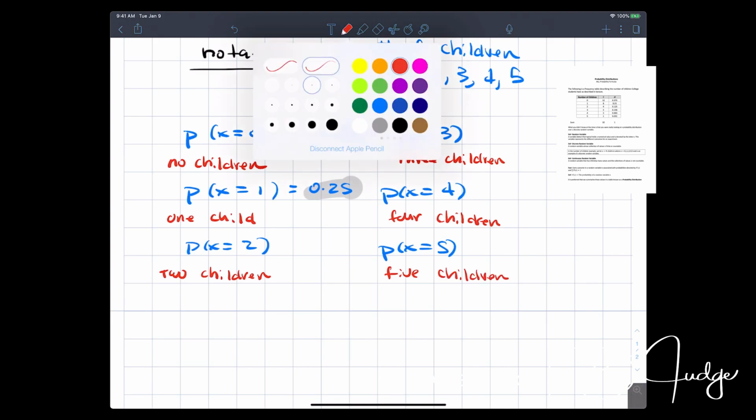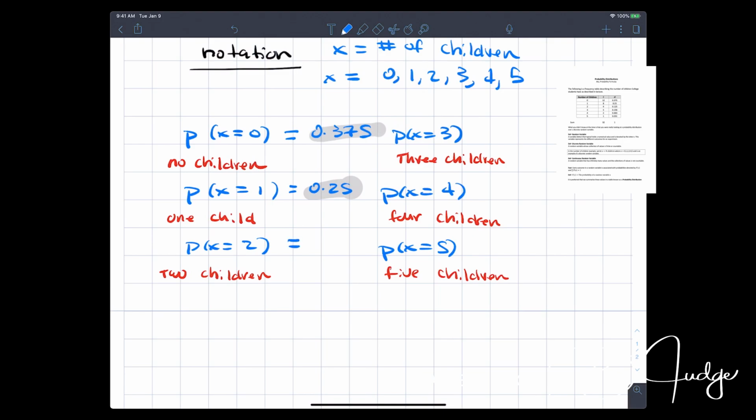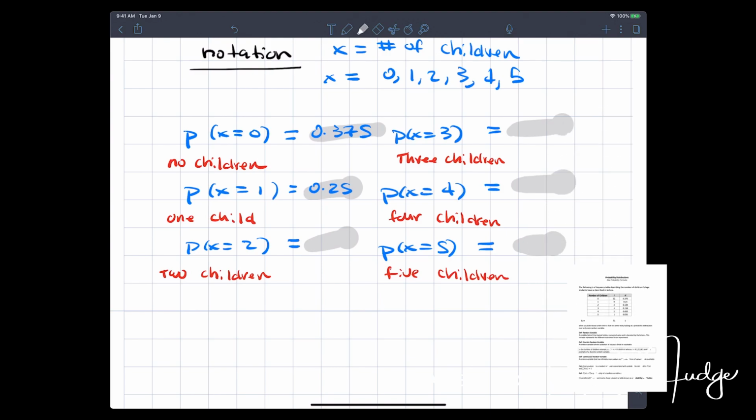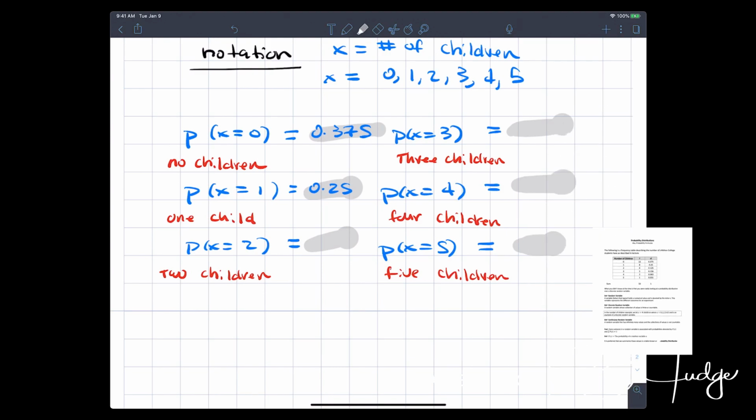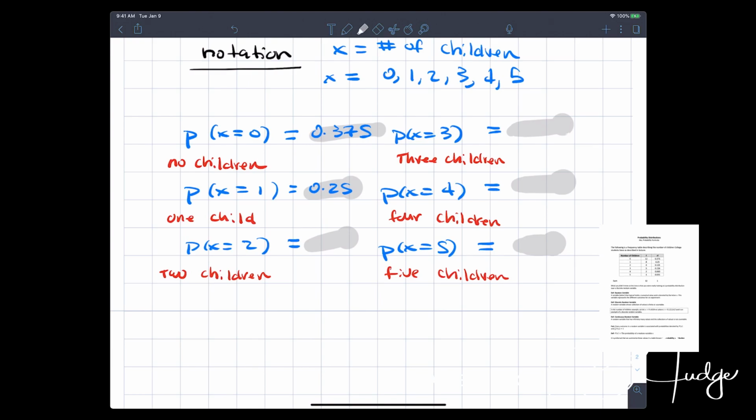Give me the probabilities here for each one of these and see what you get in terms of our notation. So I'm looking for an answer to put here, here, here, and here, and all you have to do, ladies and gentlemen, is read your tables, right?